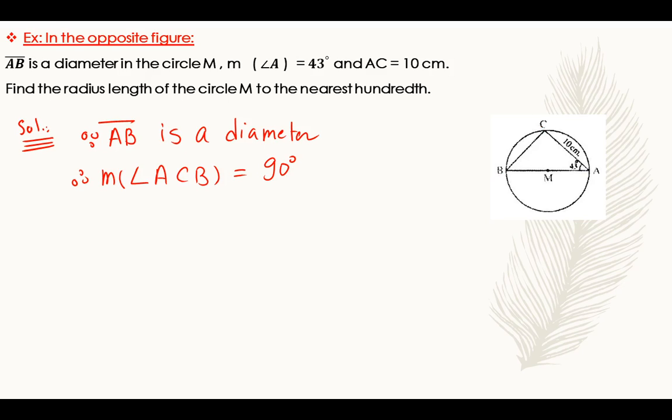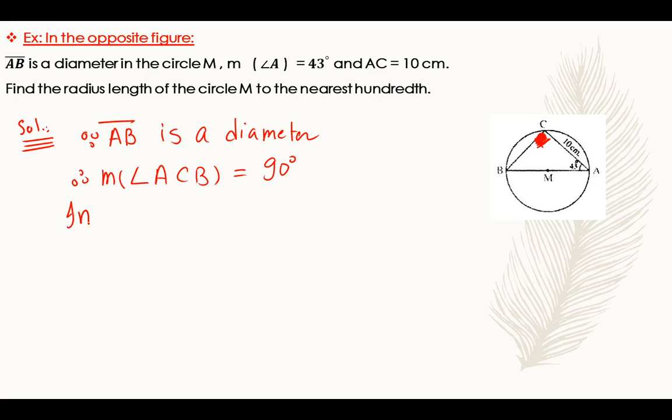So we know from third prep that any inscribed angle drawn in a semicircle has a measure equal to 90 degrees. So measure of angle ACB will be equal to 90 degrees. So the triangle ACB is a right angle triangle.